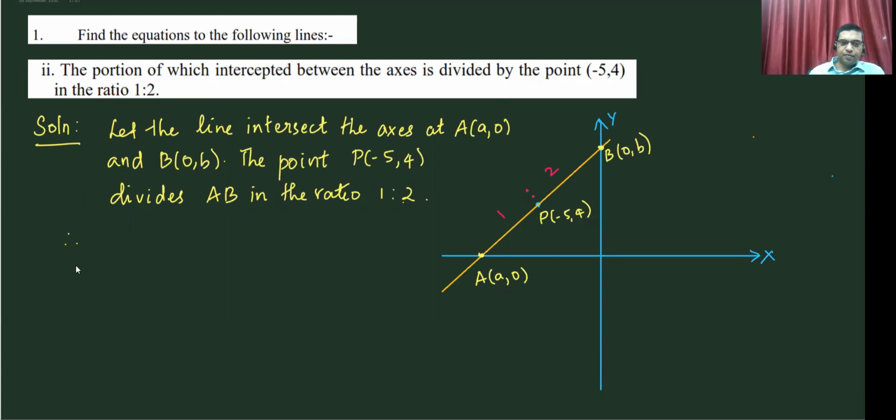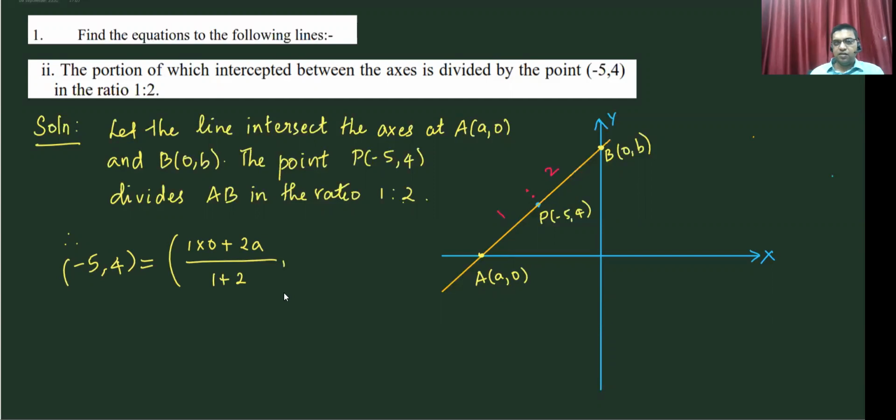So minus 5, 4 is equal to (m x1 plus n x2) by (m plus n), that is (1 into 0 plus 2 into a) by (m plus n). Then (m y2 plus n y1) by (m plus n). This is the section formula.